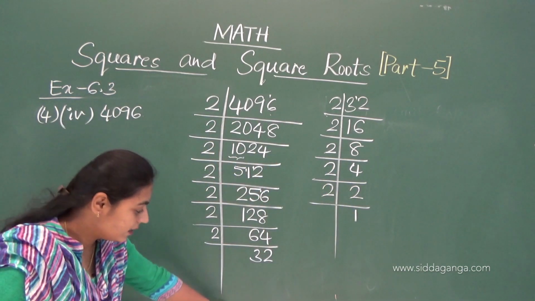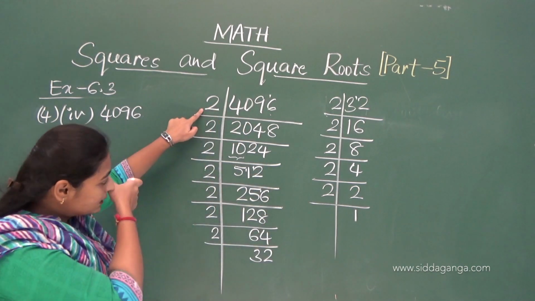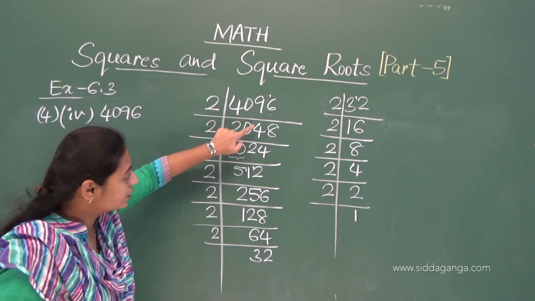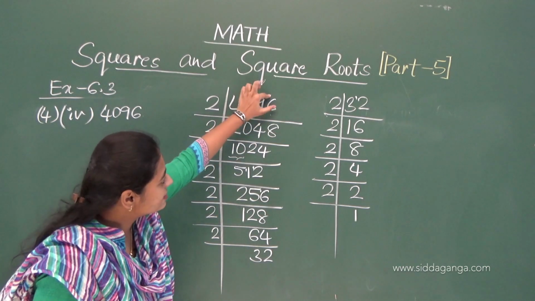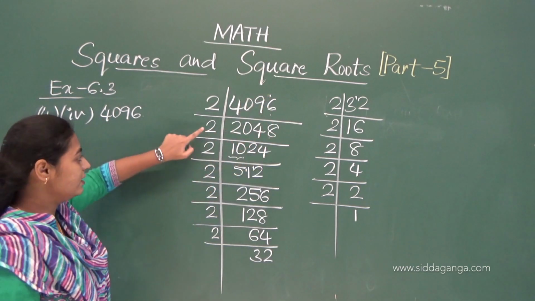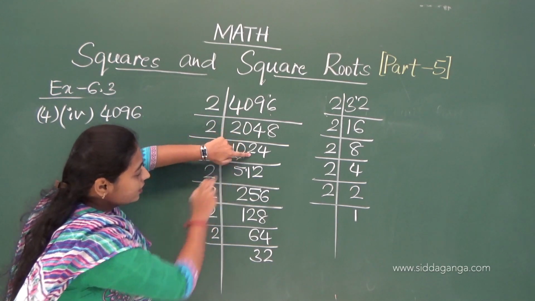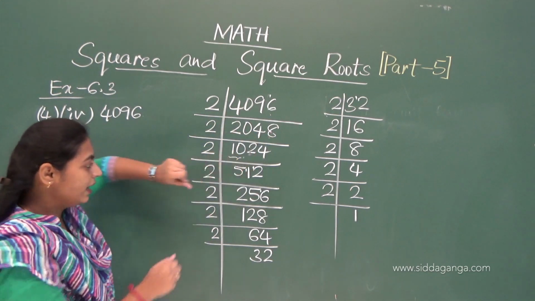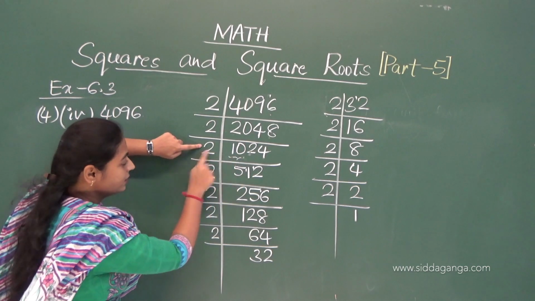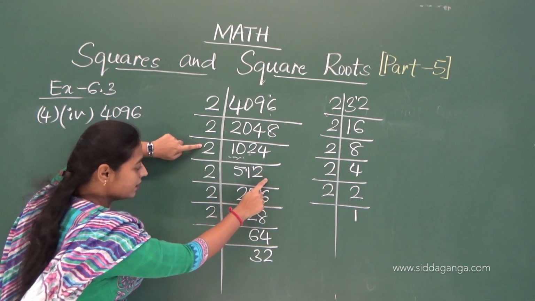Repeat this step here. We divided by 2, 2 2s are 4, 0, 2 4s are 8, 16, 2 8s are 16. Again with 2, 2 1s are 2, 0, 2 2s are 4, 2 4s are 8. Again 2 5s are 10, 2 1s are 2, 2 2s are 4.